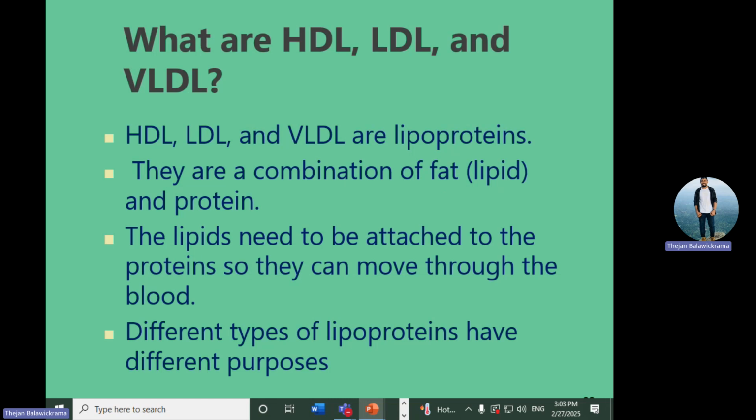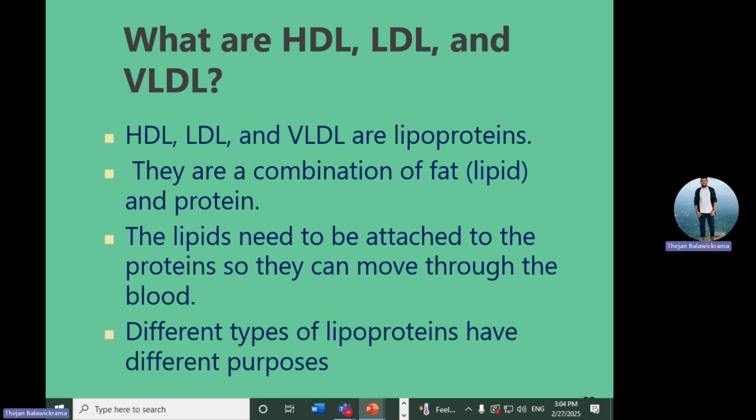For lipoproteins to be formed, lipids and proteins combine, and this happens inside the blood. In the bloodstream, lipids are attracted to the proteins, and then lipoproteins are formed.